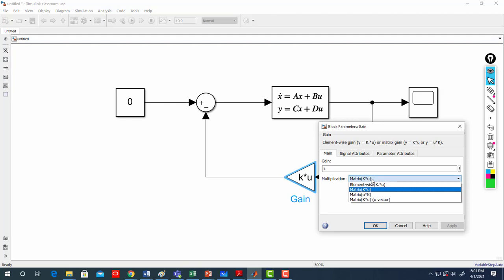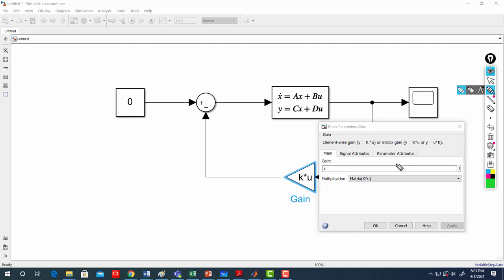Then it will be U first and K second, so the dimension will be different, of course. K times U is different than U times K, in terms of dimension.